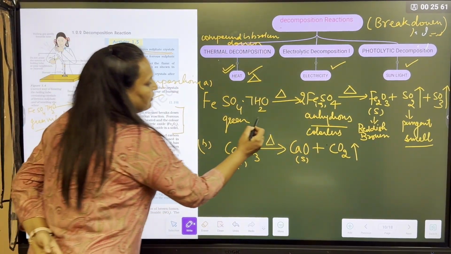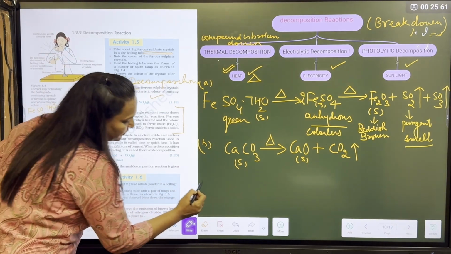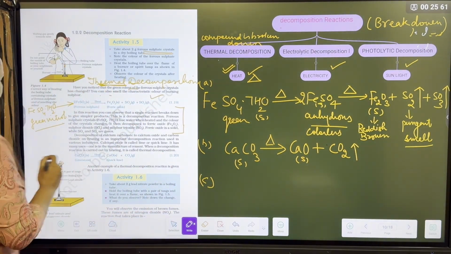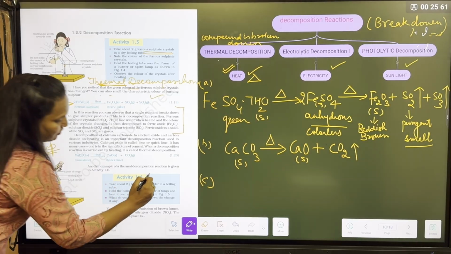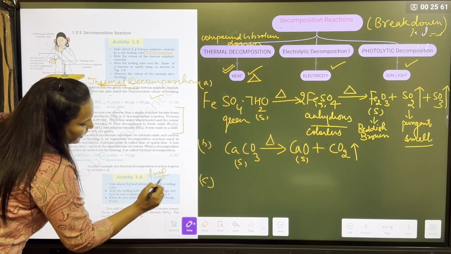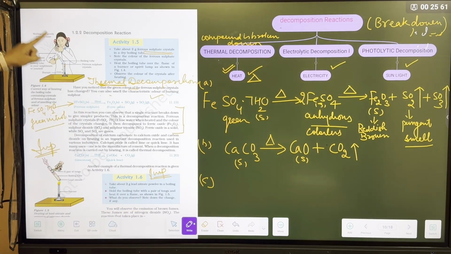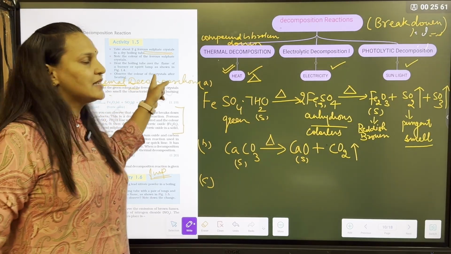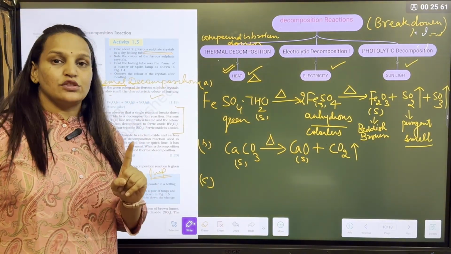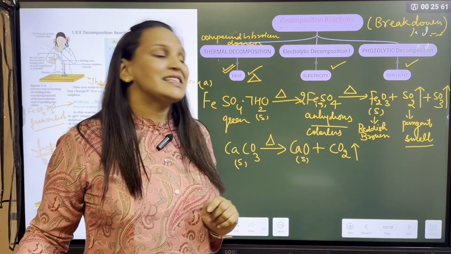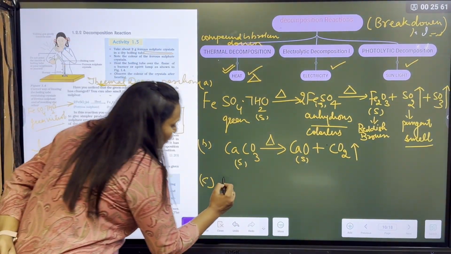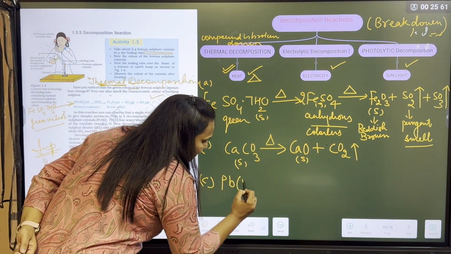Third, what is the third example? Lead nitrate crystal. This example, activity 1.6, is very important. Either activity 1.5 will come in the exam, or activity 1.6 will come in the exam. Without these 2 activities, your question paper is incomplete. So we take a lead nitrate crystal.